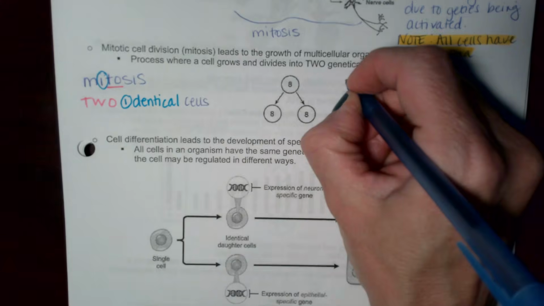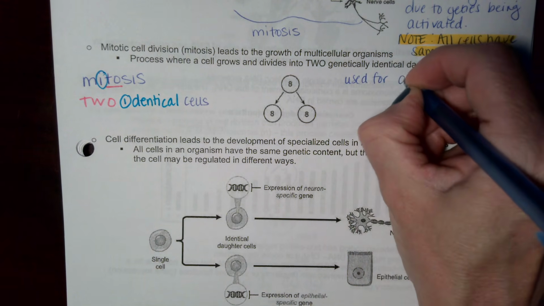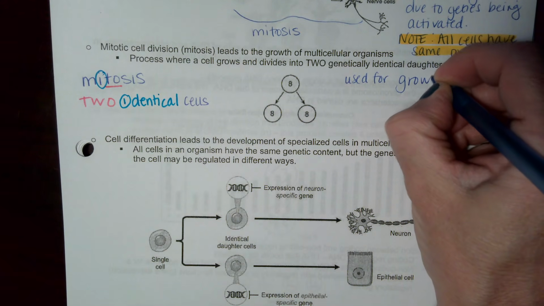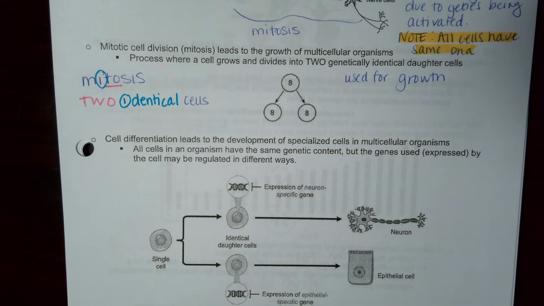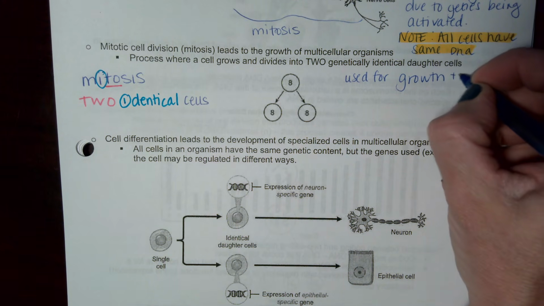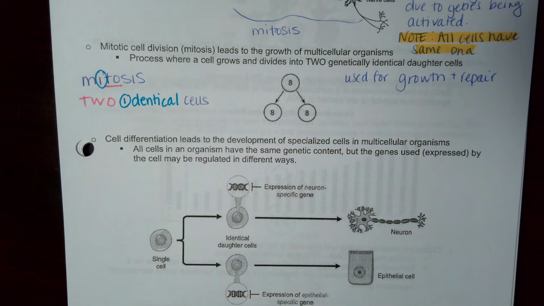Mitosis is used for 2 things: growth. Every single person starts off as 1 cell, and then the way you get bigger is through the process of mitosis. And then the other way that mitosis is used is for repair.